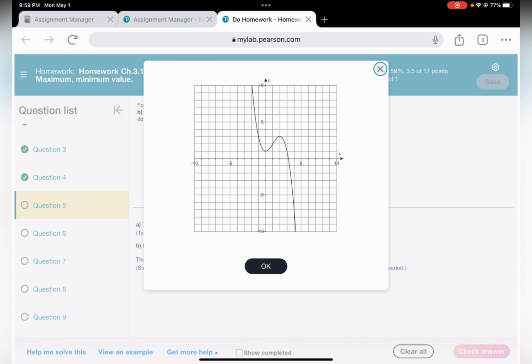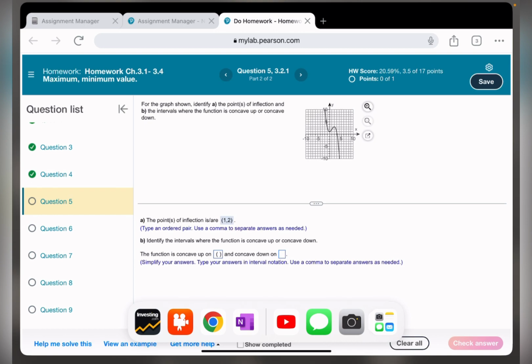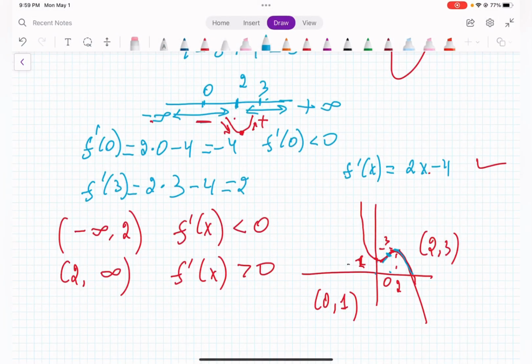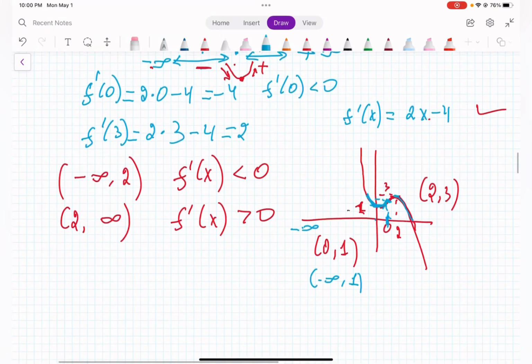Between 0 and 2 is going to be 1. x is 1 and y is 2, I would say. 1 and 2, yeah, we already have it there, that's the case. So this is going to be 1 and 2, which means on the interval from negative infinity to 1, we have concave up. From negative infinity to 1, concave up.